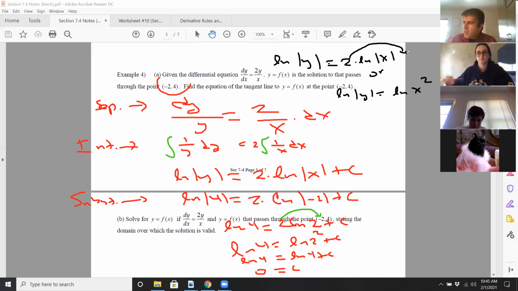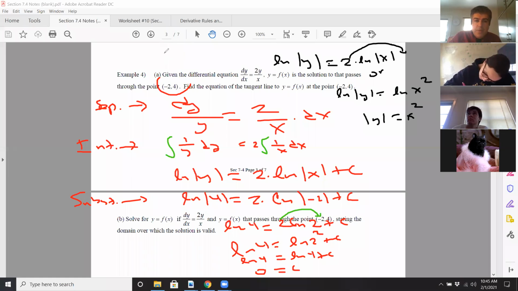Now, if you think about it, what does this mean? This means that the absolute value of y equals x squared, because the logs drop off.